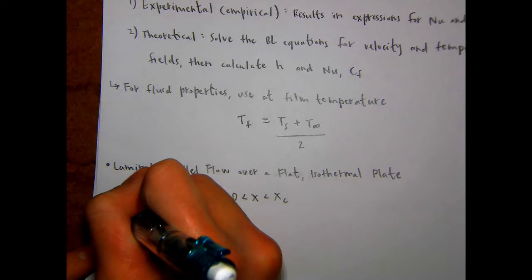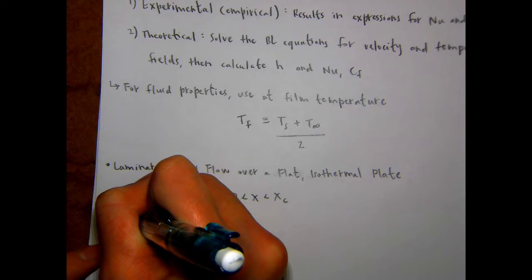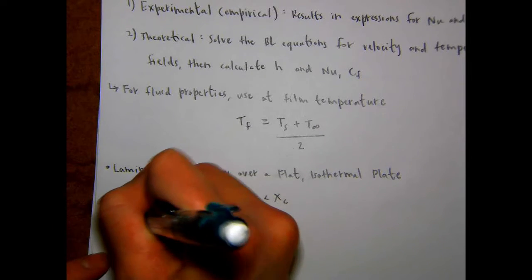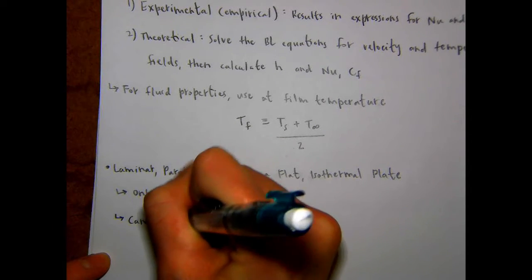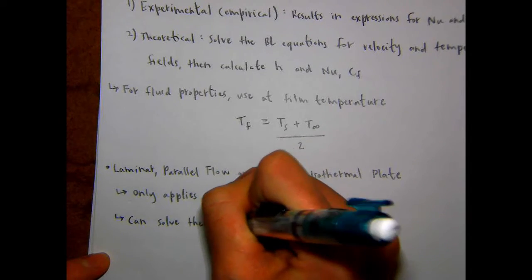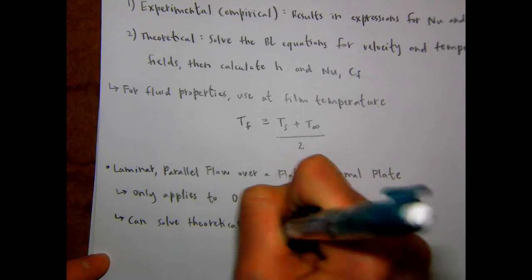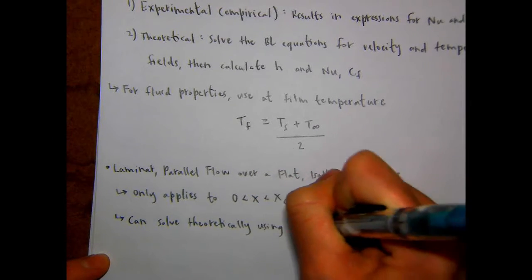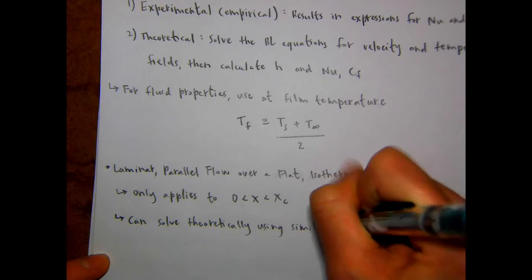This geometry is one of the few that the book actually goes through and solves theoretically. It's a simple enough setup, laminar flow, that you can actually solve it exactly using a similarity solution.